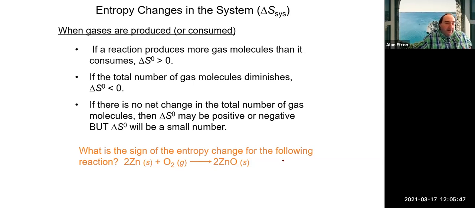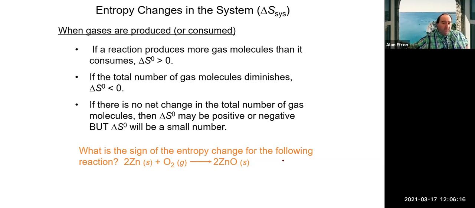So as I touched upon in that last example, when gases are being produced or consumed, it can really help us, before we even do a calculation, to make an assumption of whether that delta S should be positive or negative. If a reaction produces more gas molecules than it started with, which is the opposite of what we just had, say we started with 2 gas molecules and ended with 4, now we have 4 things flying around rather than 2.